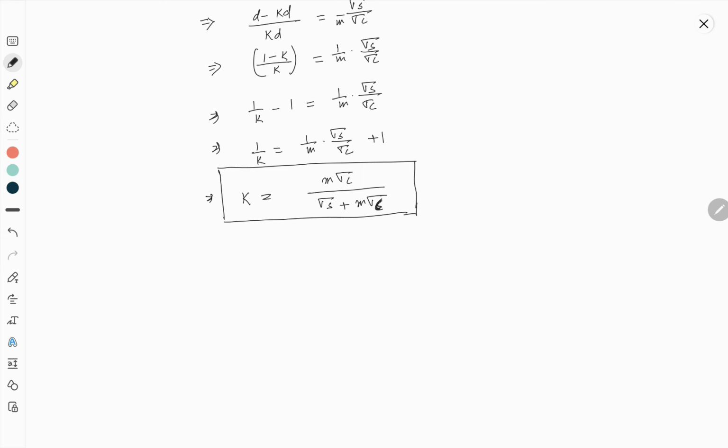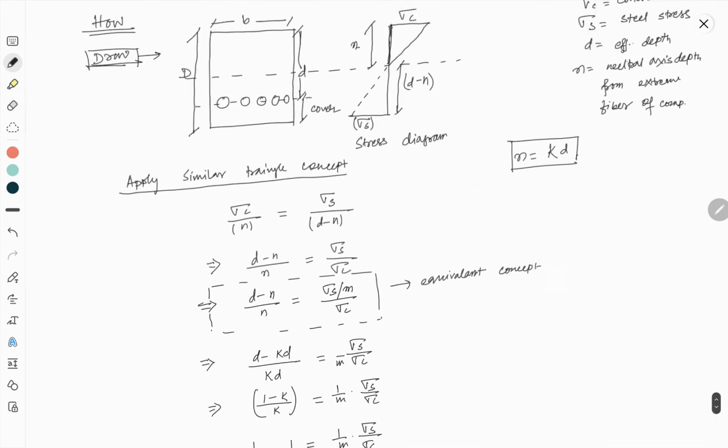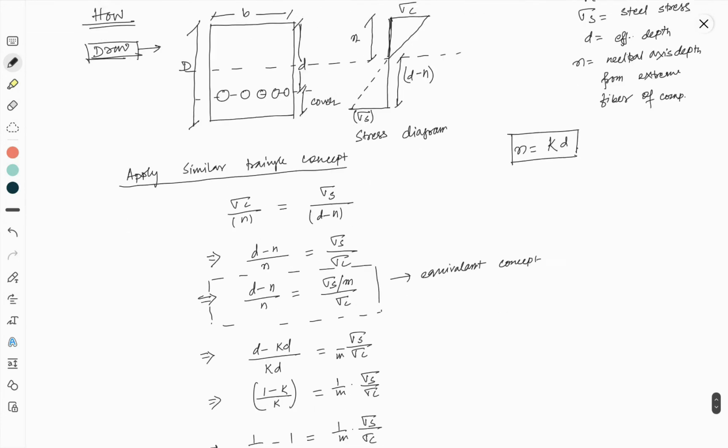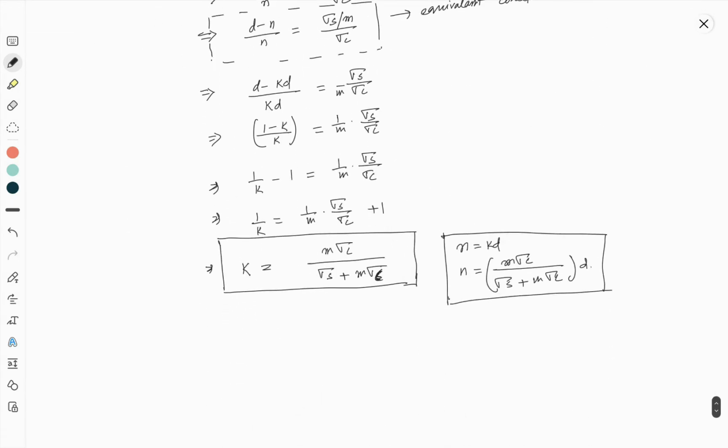So we know n equal to kd, that means n equal to m sigma c divided by sigma s plus m sigma c, into d. So till now it is clear how we find the value of n.